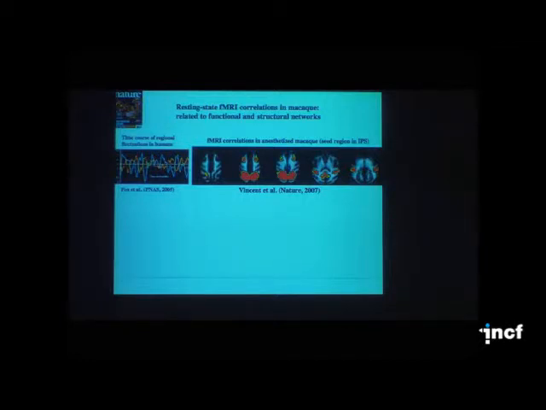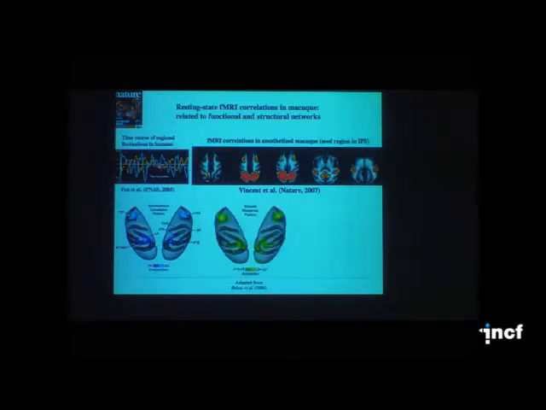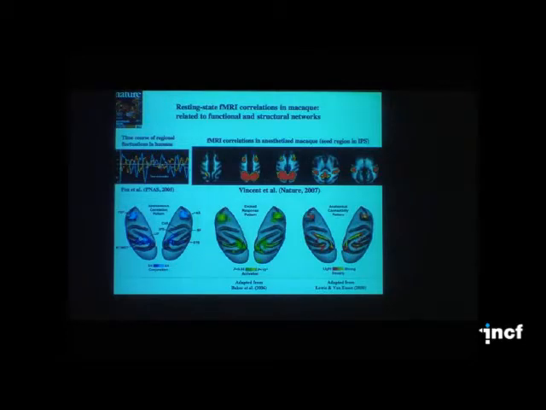And that was a consistent pattern, and it could be mapped onto surface representations and shown that this pattern of resting state fMRI correlations is strikingly similar to the task-evoked activations when a different set of monkeys was asked to do an eye movement task, and it's strikingly similar to the anatomical connectivity that I just told you about from Jim Lewis's studies.